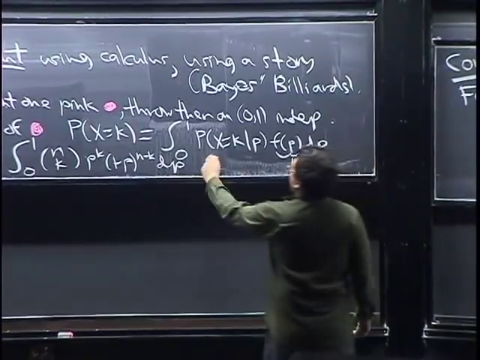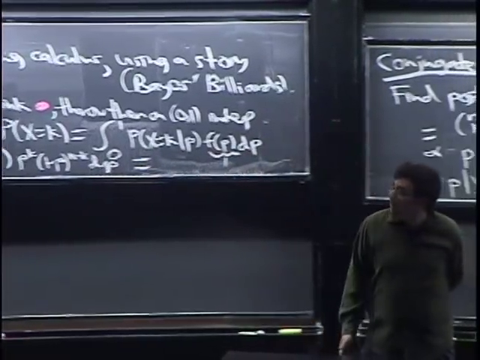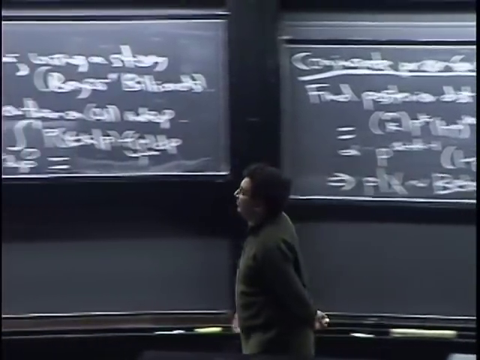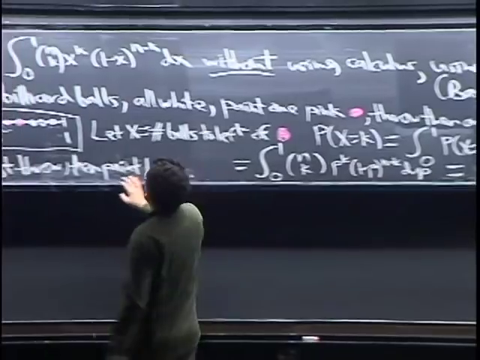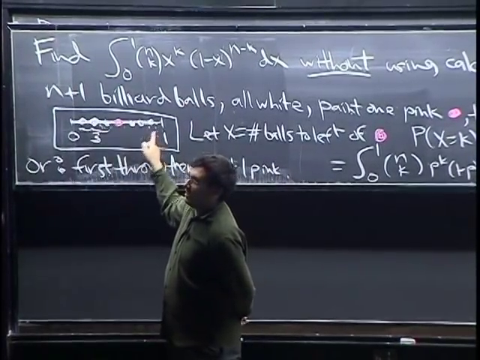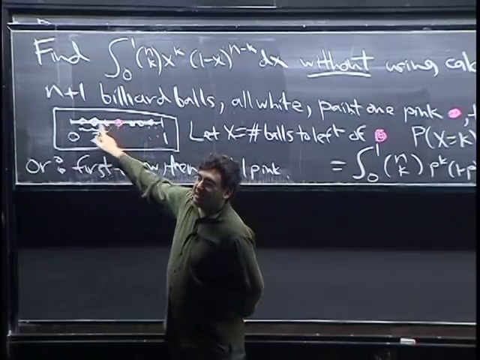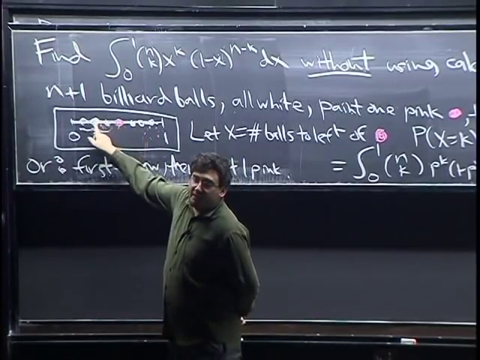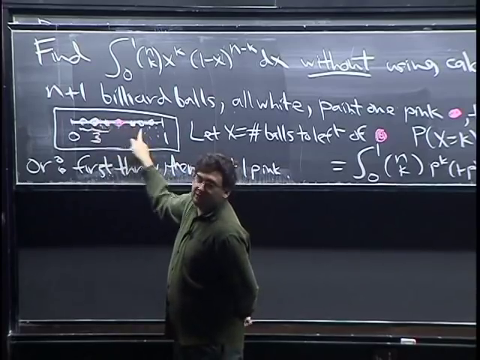On the other hand, we're running out of space here, but on the other hand, we can just write down the answer. Because from this second story, this is story 1, this is story 2. Story 2, I first threw the balls down, paint a random one pink, equally likely. So it's equally likely that there's any valid number of white balls to the left, I'm just painting the pink one anywhere.